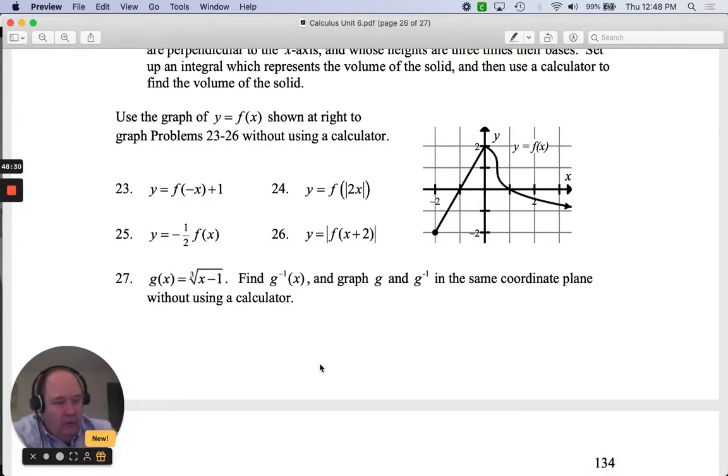24. What would happen to the graph if this happens? When the absolute value is on the inside, you only graph the right side and reflect it. And then times 2 means you take every x coordinate and divide it by 2. So if I only look at the right side, if you see 0, 2, take the x coordinate and divide it by 2.